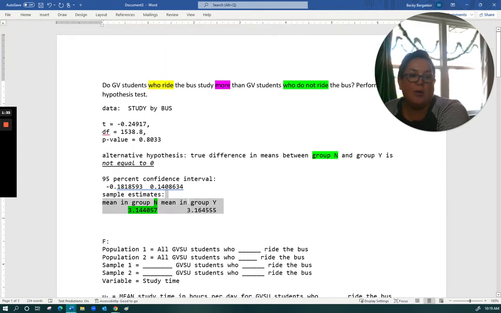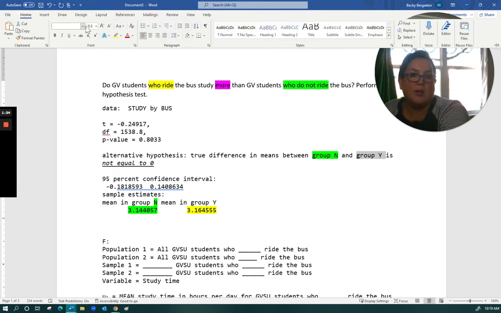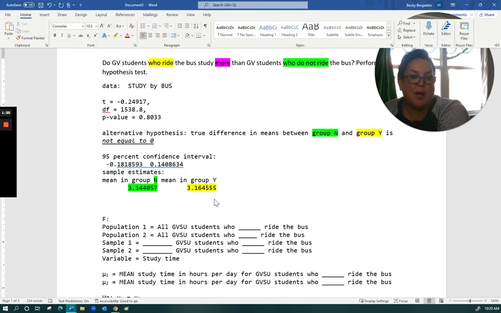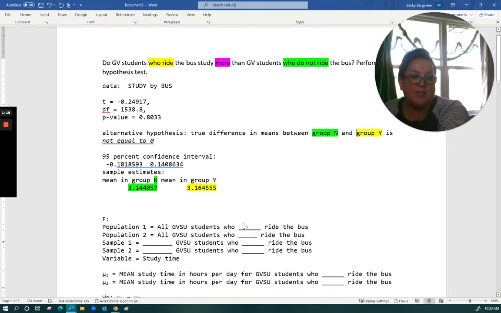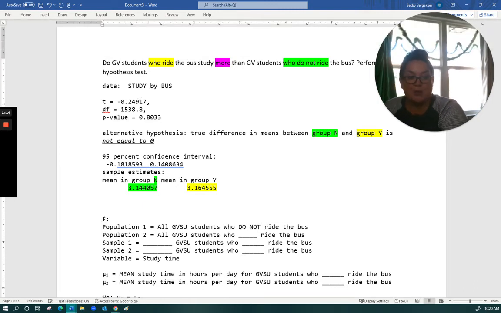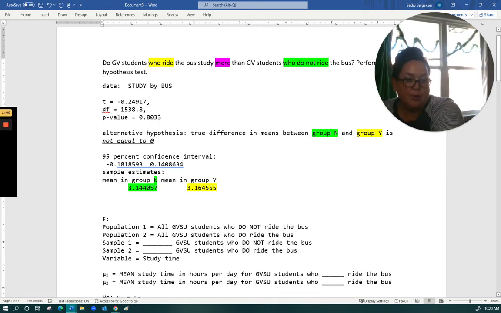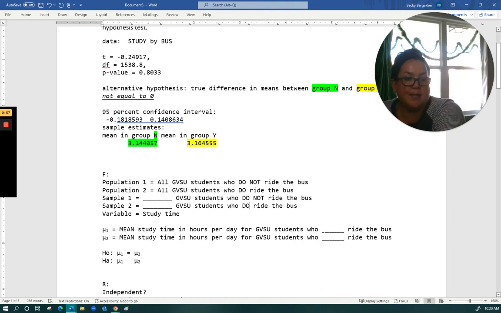So it's going to be this and this. Okay, so that means my group 1 is those who do not ride the bus, and group 2 is going to be those who do ride the bus. So this is the do not, and this is the do. And that means that mu1 would be do not, and this would be the do.